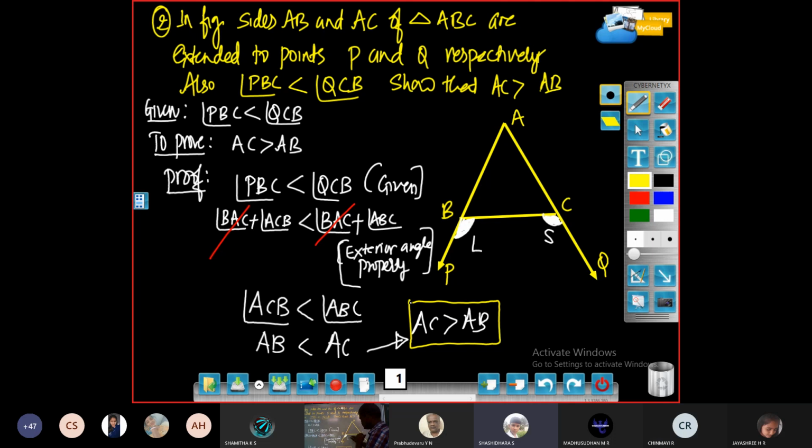This is reversed. This is greater, QCB is greater. This is smaller. You are right. Similarly, this is larger means this will be smaller, and this will be larger. You are right. Good, Chinmay.